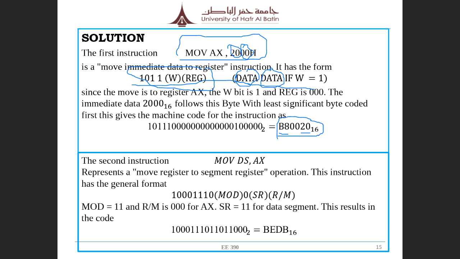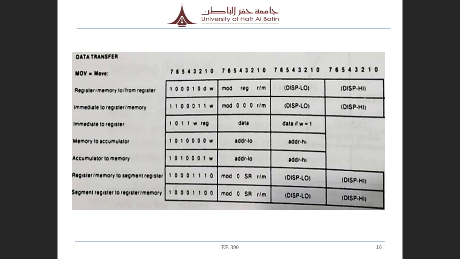Now, what is the second line? Second line was move ds comma ax. So here it is register to segment register. Register or memory to segment register. That means it is 1000 1110.